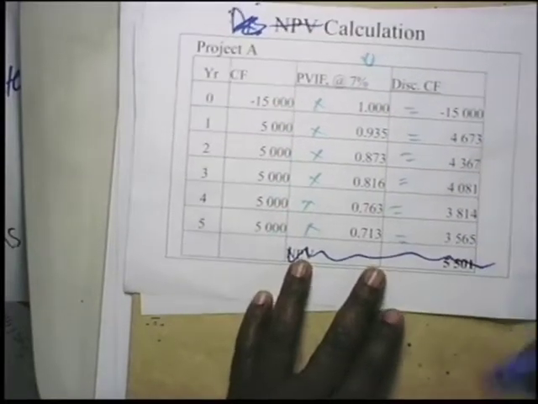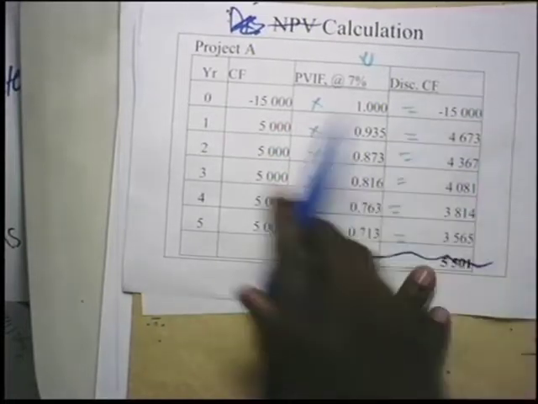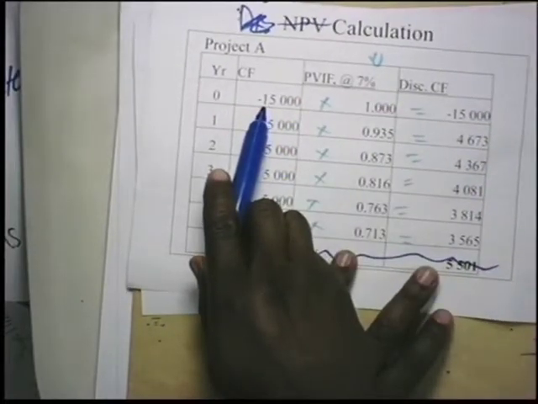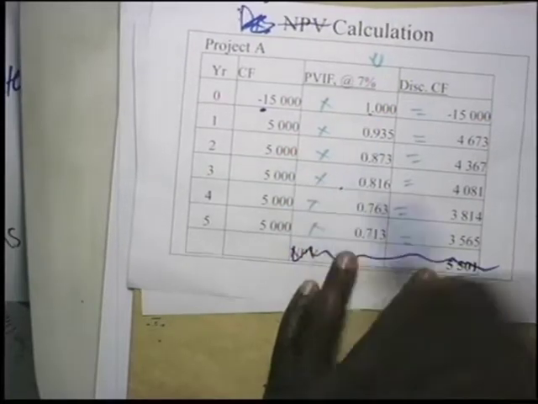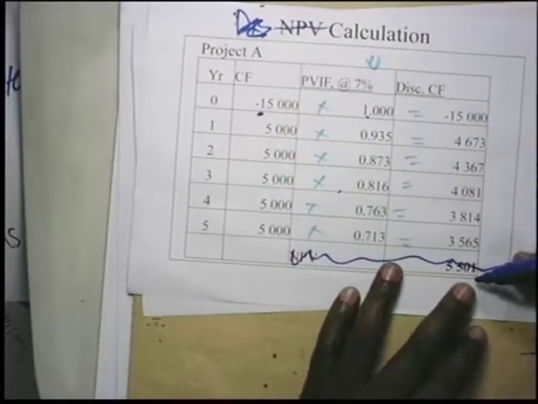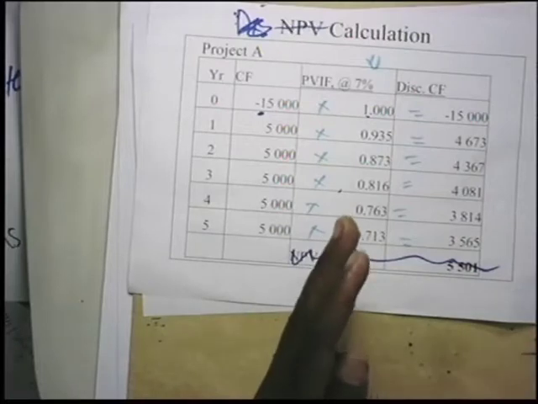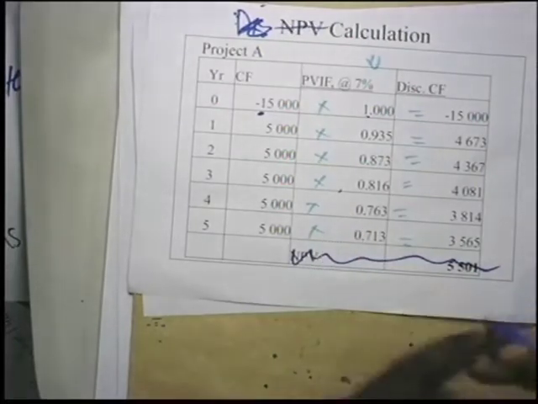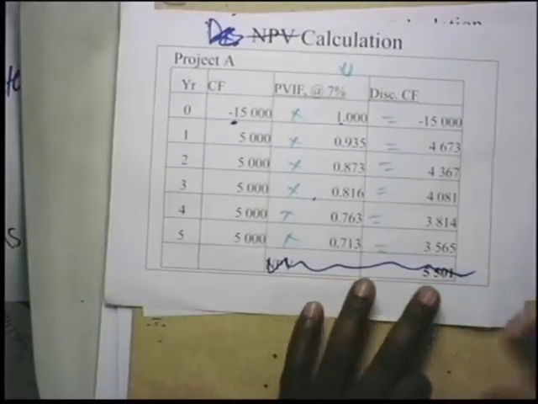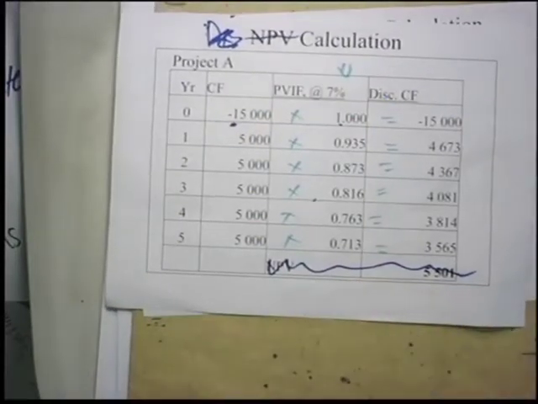You'll be given this, and you do your discounting by multiplying this column, the raw data, the real cash flows, by the present value interest factor, then you get the discounted cash flow. The same way we did when we were calculating the discounted payback period. But this time around, we don't need to come up with the cumulative figure for our discounted cash flows.